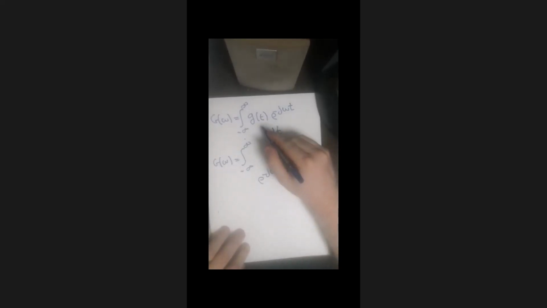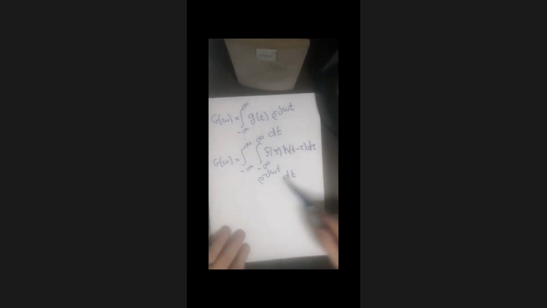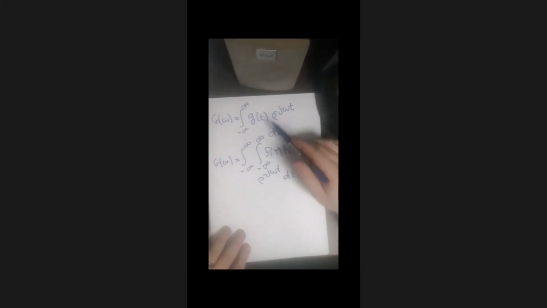And what about g of t? G of t is another integration from negative infinity to infinity of f of tau h of t minus tau d tau. So this component, the integration from negative infinity to infinity of f of tau h of t minus tau d tau, is considered as the convolution of f of t and h of t, which is simply g.